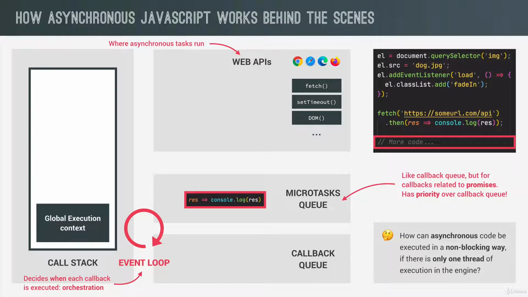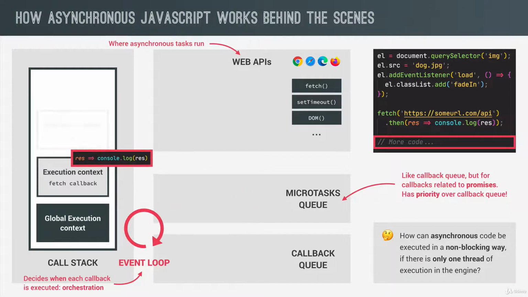So going back to our example, currently we actually do have a microtask sitting in a microtasks queue. The call stack is also empty, and therefore the event loop will now take this callback and put it in the call stack, just like it does with callbacks from the callback queue.